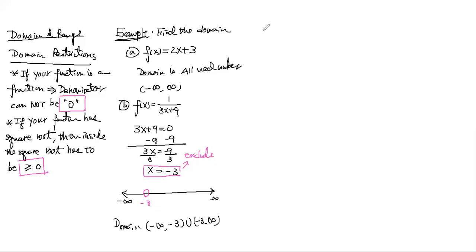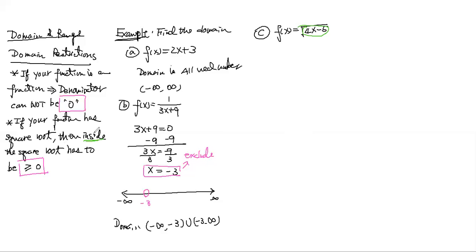Now let's take a look at part C. If f of x is equal to the square root of 4x minus 6, oh boy, I have a square root here.